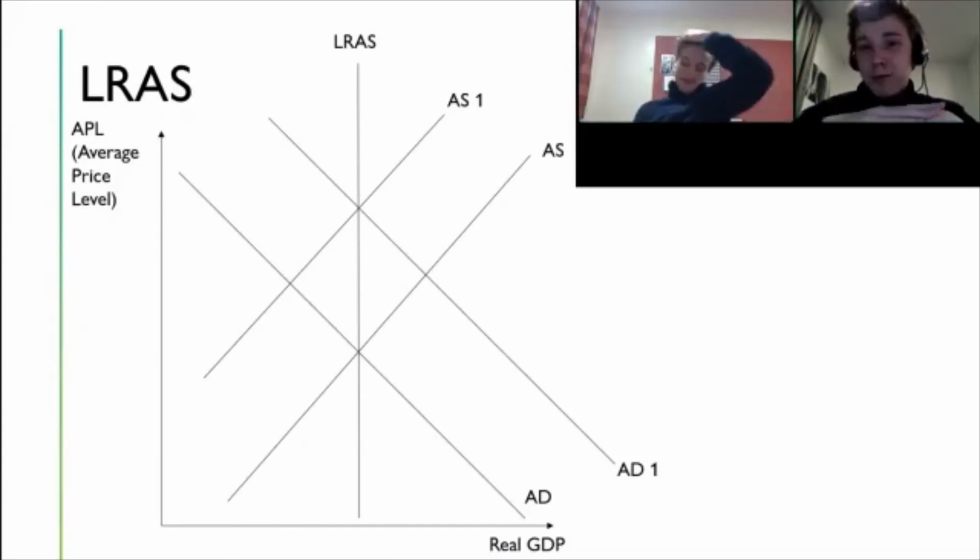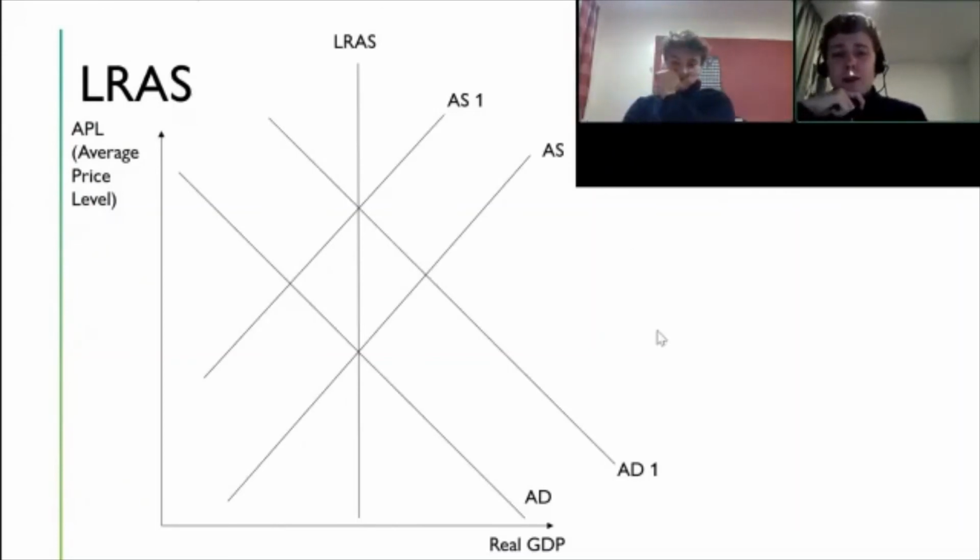So, as you can see here, we have the AD and AS diagram as we had before. Imagine that we have these shifts again from AD to AD1, and then we have this shift from AS to AS1.